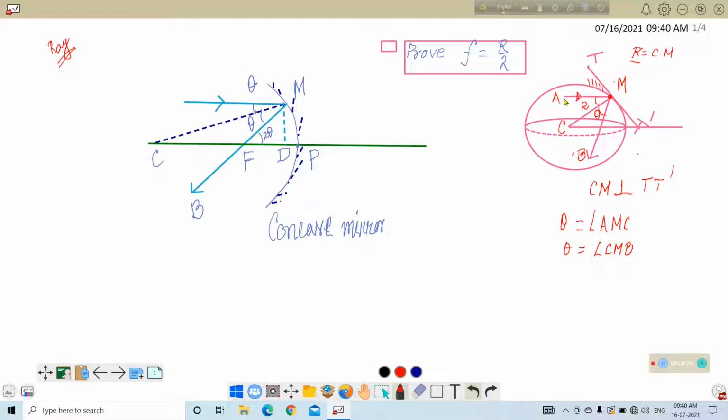That means when the light ray AM is incident on the point M, it will pass through a fixed point like this, F. F is the fixed point on this line, CX. CX is the line.